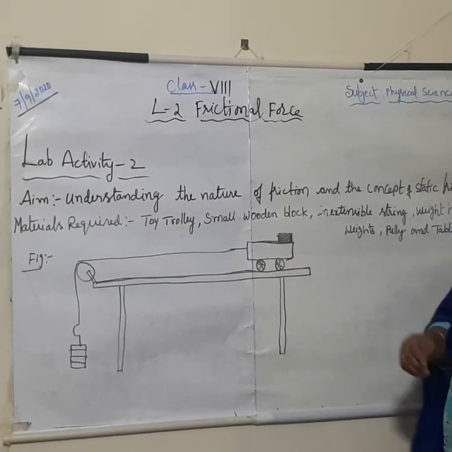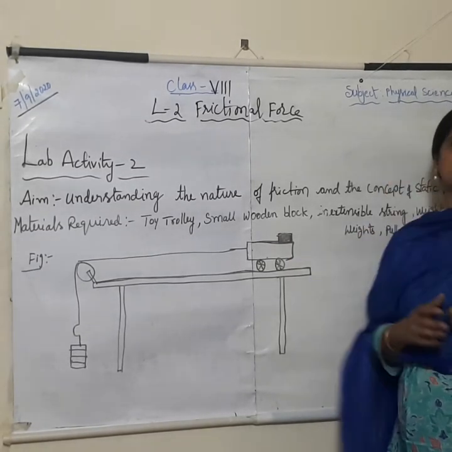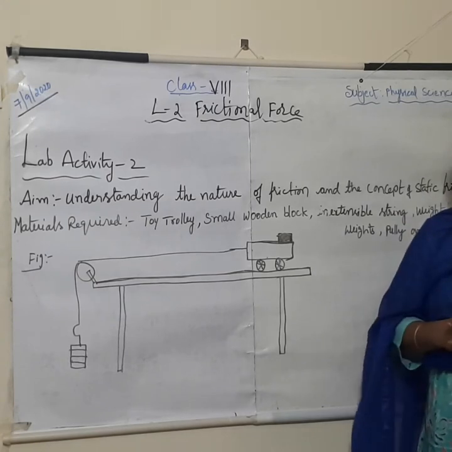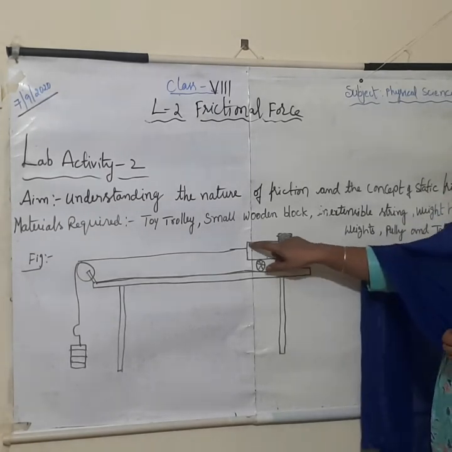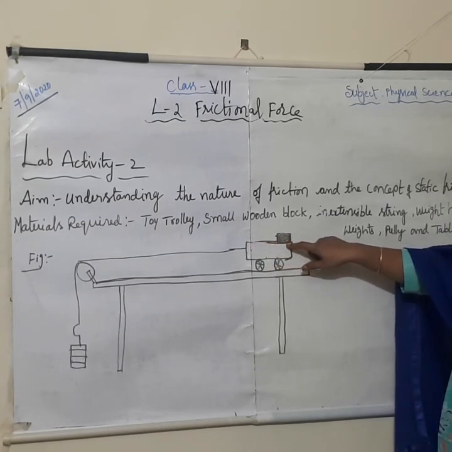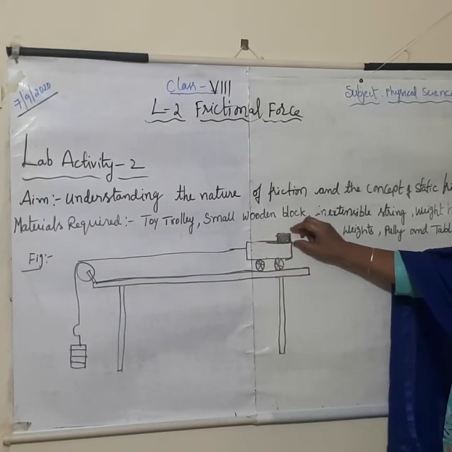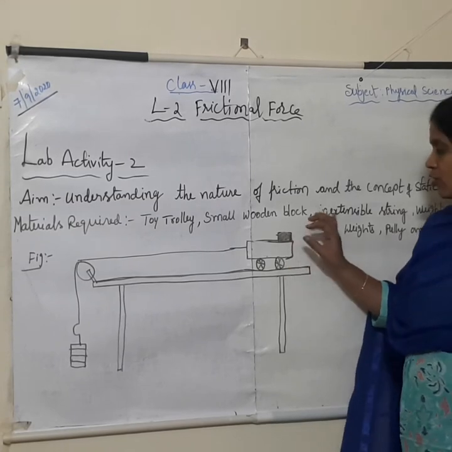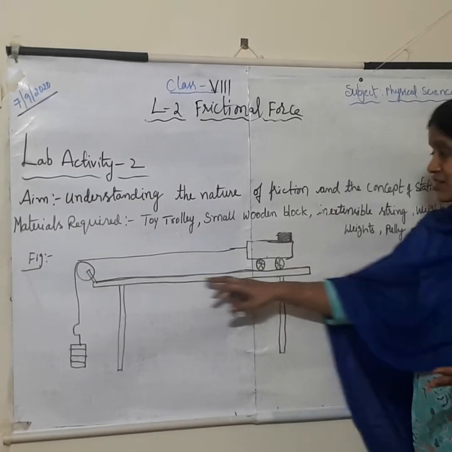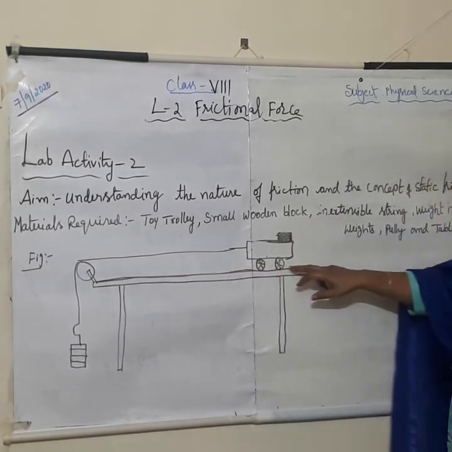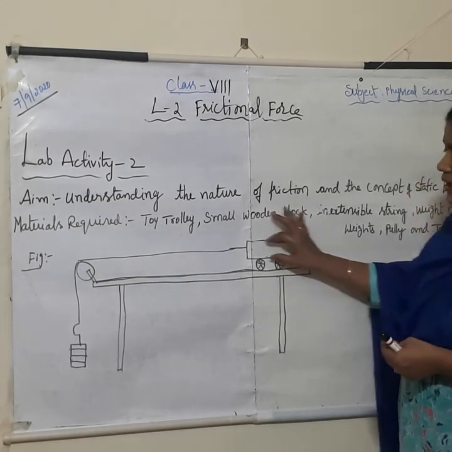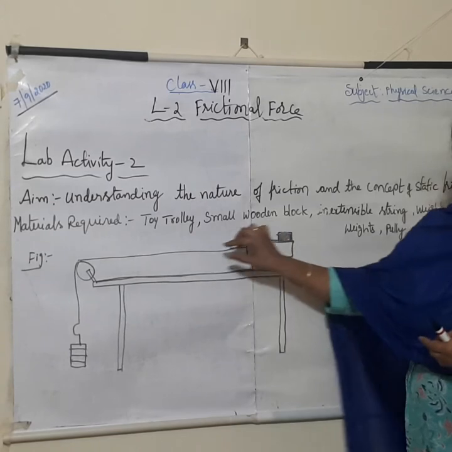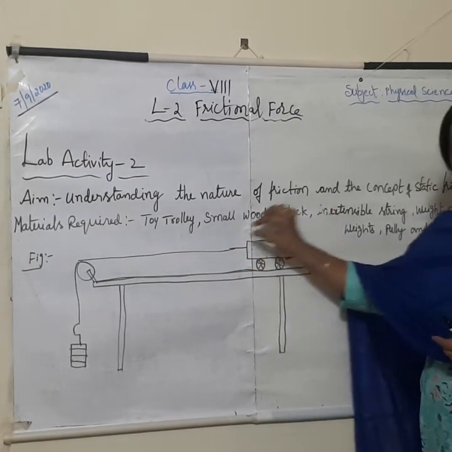But here we have to understand the relative motion. Relative motion means what? With respect to the surface of the trolley, the block is at rest. But with respect to the surface of the table, when you are adding weights, the trolley is moving, and along with the trolley, the block is also moving.